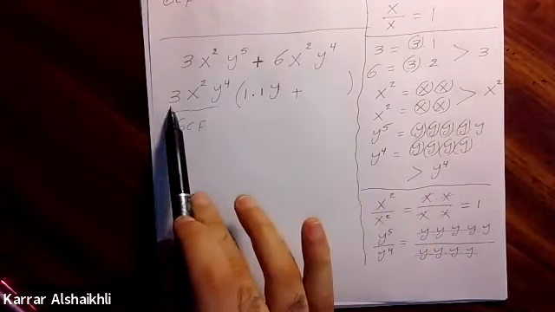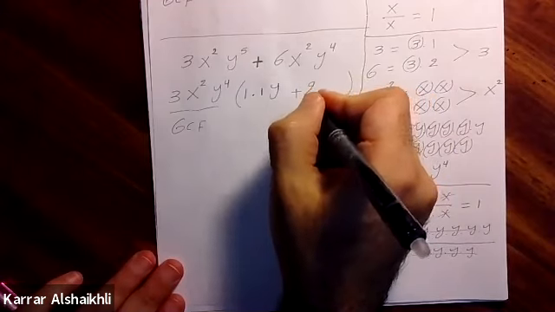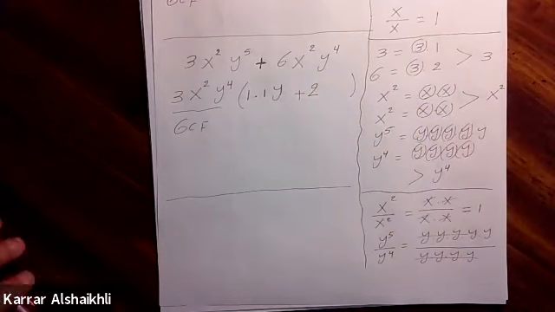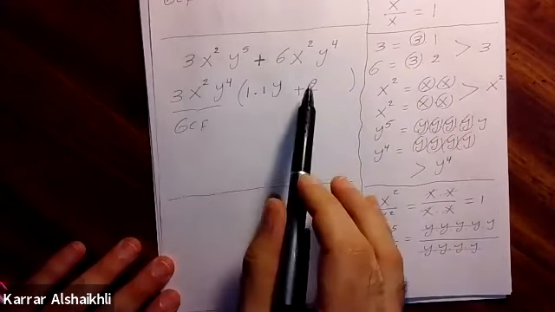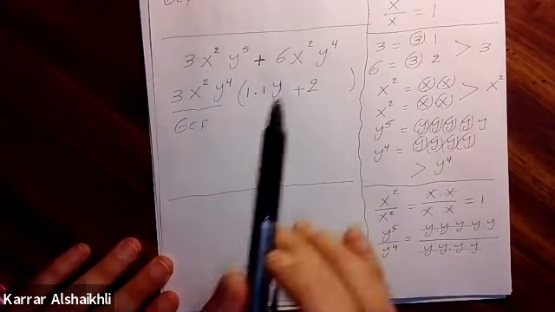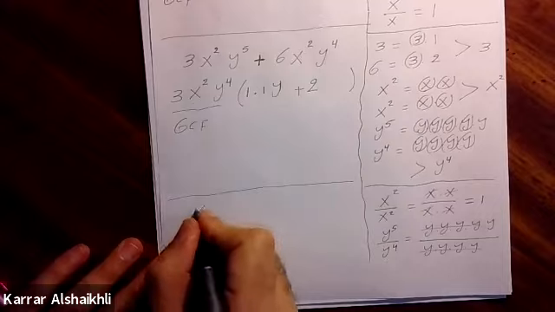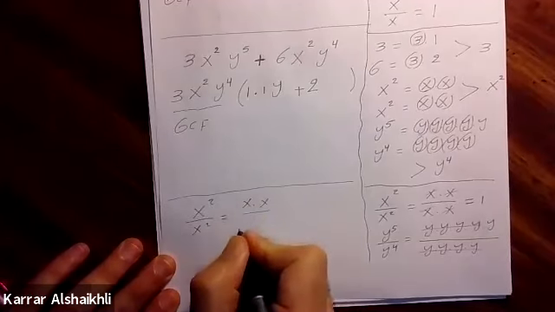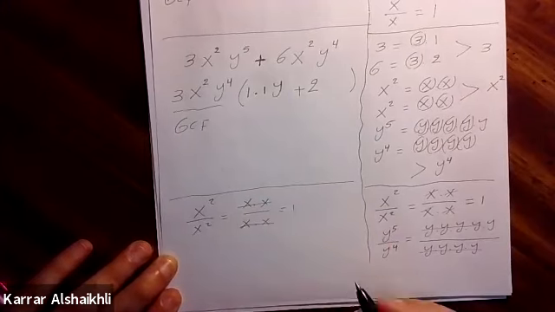6 divided by 3 is going to be 2. X squared divided by x squared is 1. It's exactly the same thing: x times x divided by x times x, cancel these, so it's going to be 1.